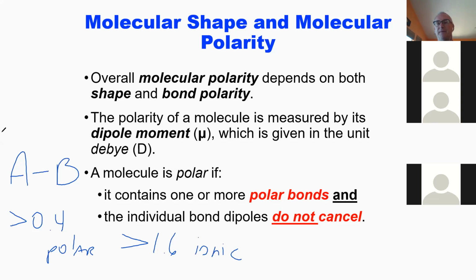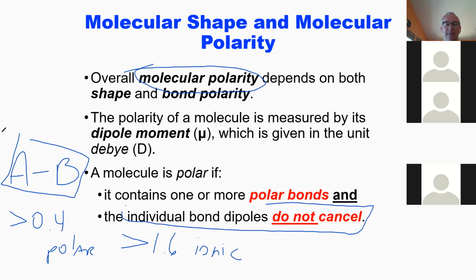So the larger the difference in the electronegativity, the more polar it is. But the overall polarity of the molecule depends on how these are organized. So you can have polar bonds and a nonpolar molecule if individual bond dipoles cancel or don't cancel.